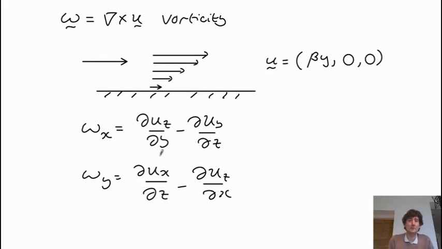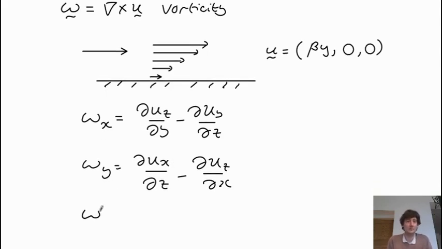An easy way of doing this is once you've got one of them, you just cycle: y becomes z, z becomes x, x becomes y. And so here we have omega z, which is du y by dx minus du x by dy.